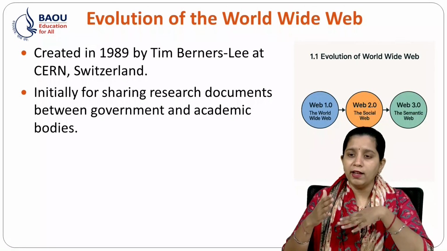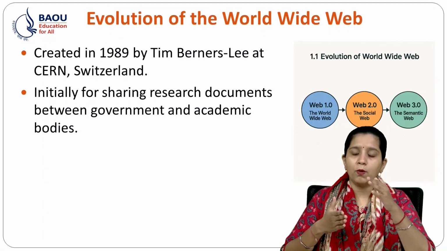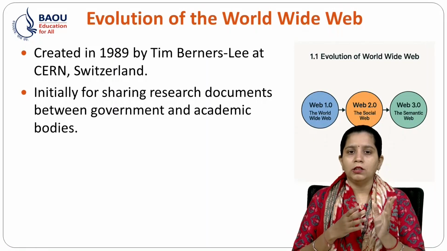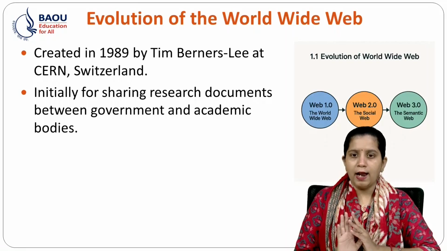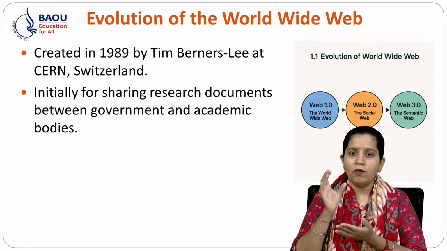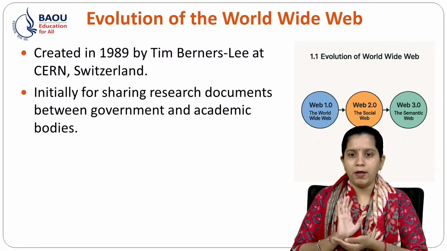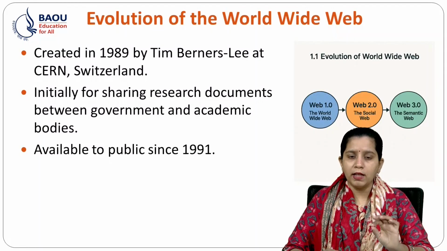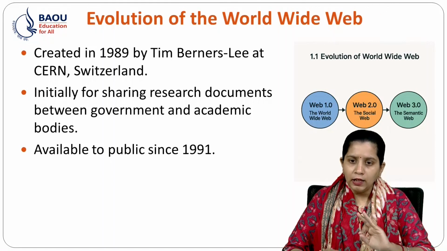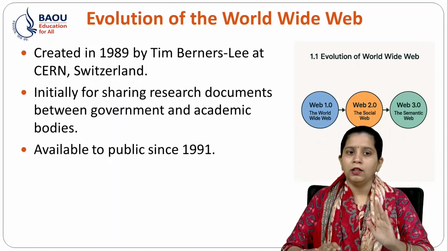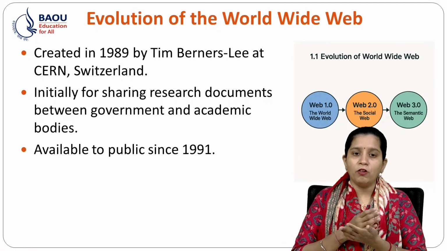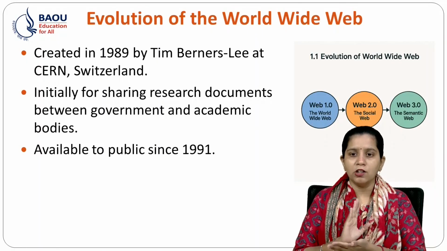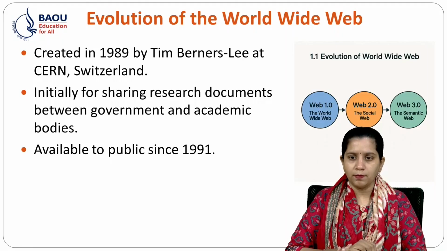Initially, they used WWW for sharing research documents between government and academic bodies. It was made available to the public in 1991. Before that, they were using it for research documents.